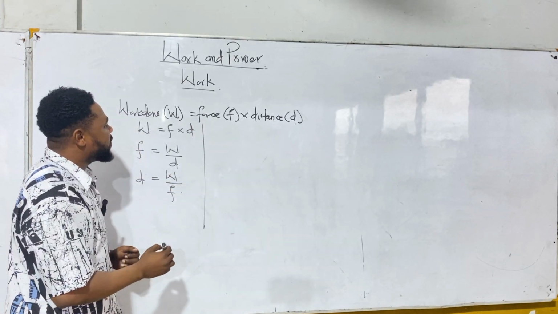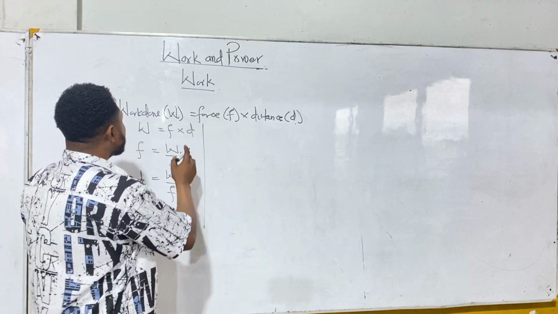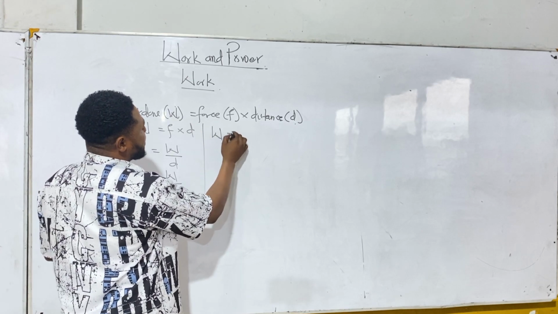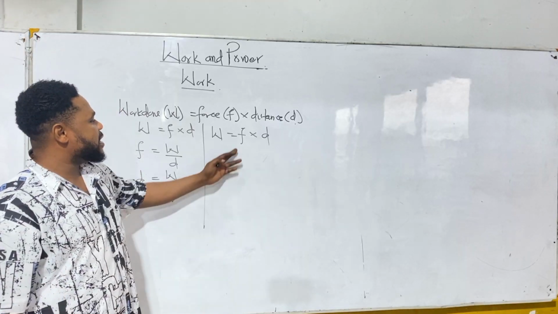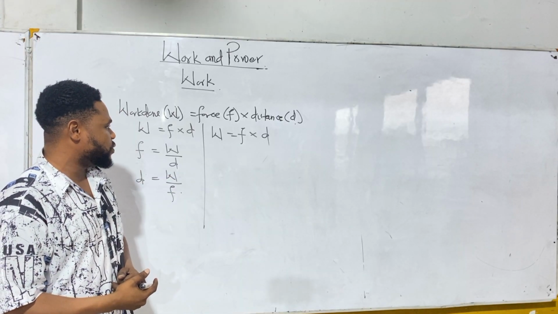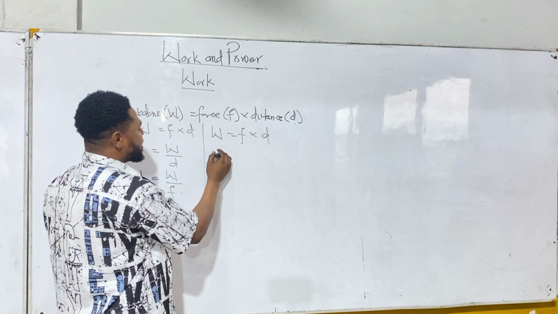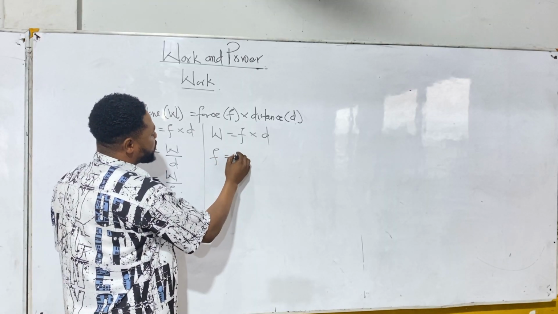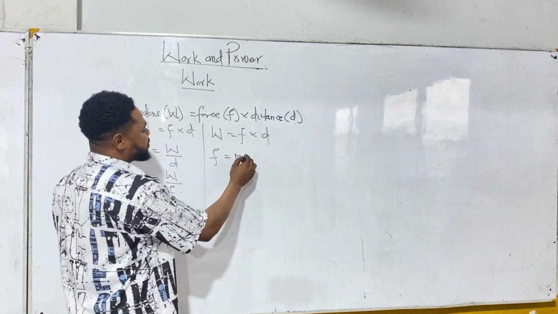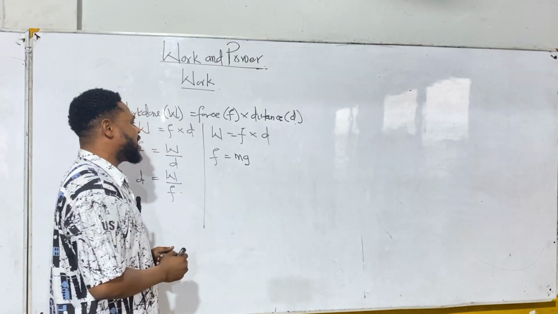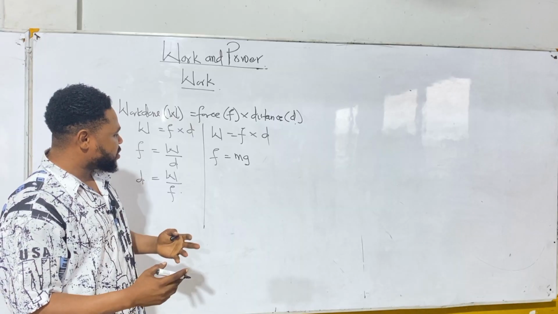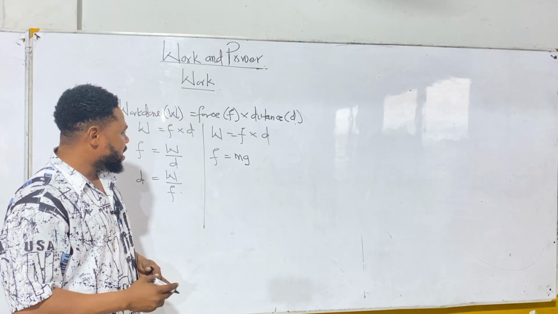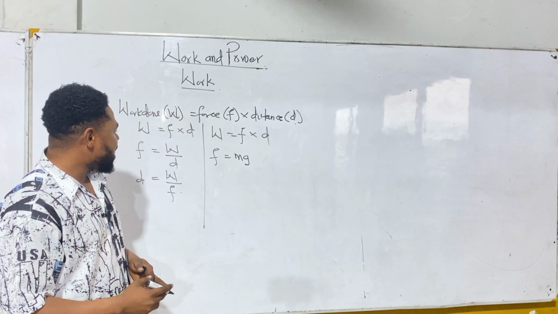All right, let us move further. Now, if work done is equal to force times distance, there are some instances where the force will not be given to you. But we also need to know that force can be equal to mass of the body times acceleration due to gravity. So F equals mg, where m is the mass of the body and g is the acceleration due to gravity.